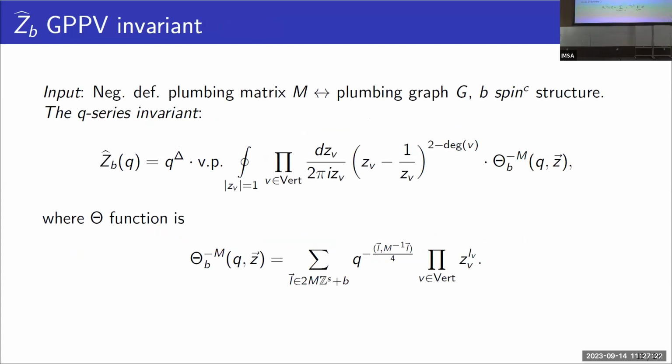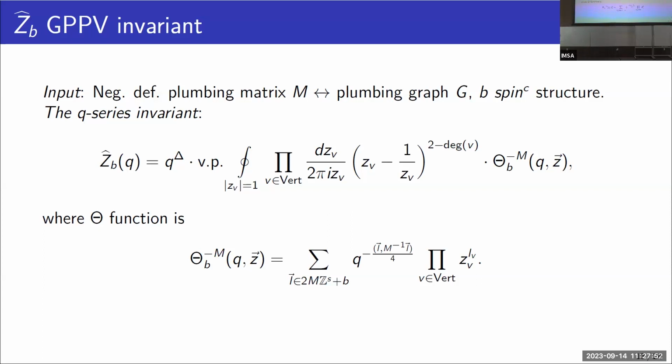Okay, so here is the formula. This is an important and a little bit scary formula, so I will try to explain it in great detail. The input is the negative definite plumbing matrix M, or the plumbing graph. And there is an additional little piece of data, the spin C structure B, but you don't have to worry that much about it.